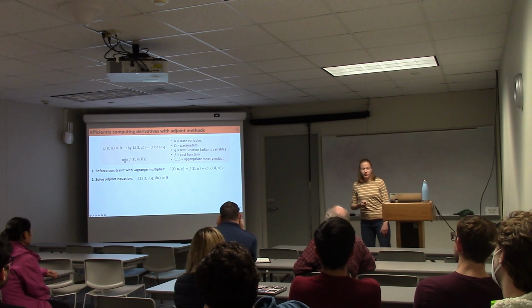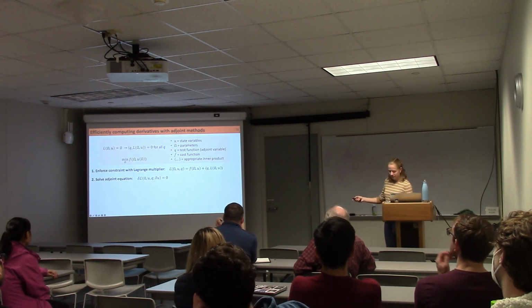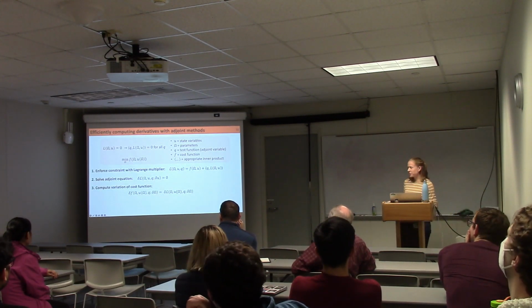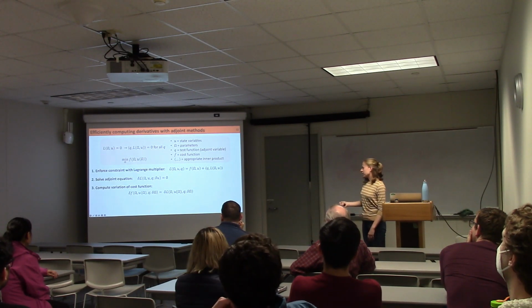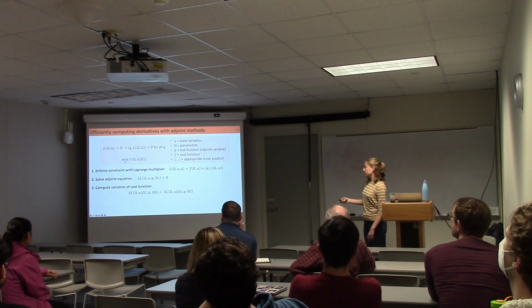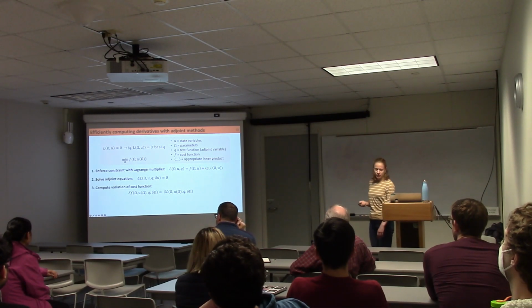This gives us a linear equation for this Lagrange multiplier Q. With this clever choice of the Lagrange multiplier, the derivative of our objective function becomes much simpler. We can compute the variation of this cost function, and you can show that it's equal to the variation of the Lagrangian, because this constraint is satisfied when we're computing the derivative.